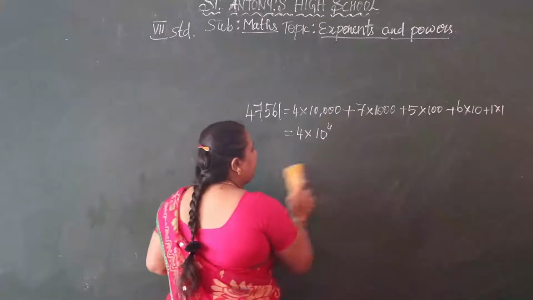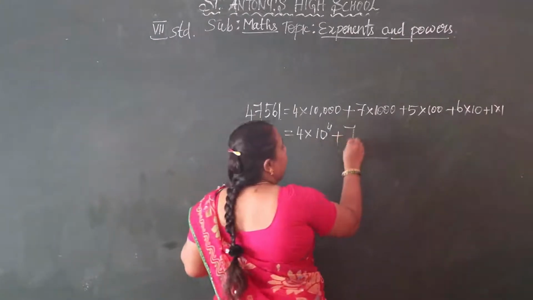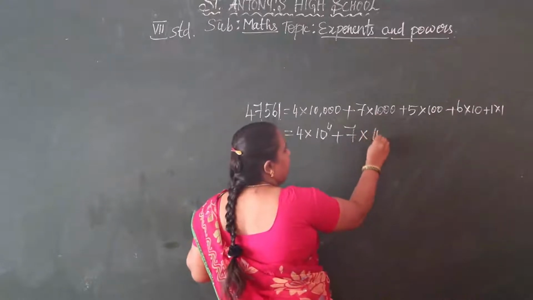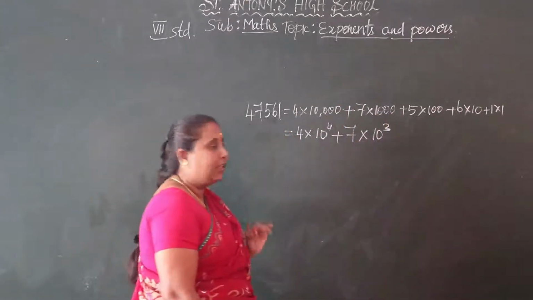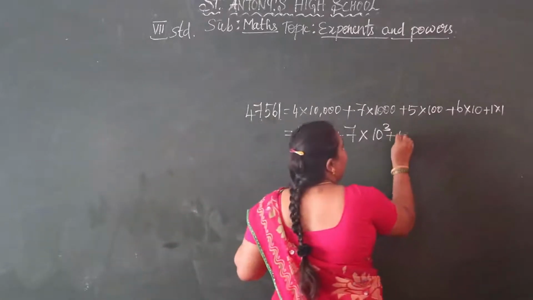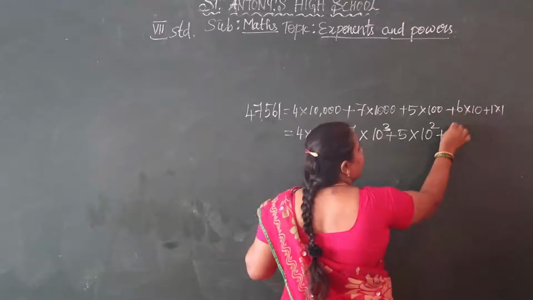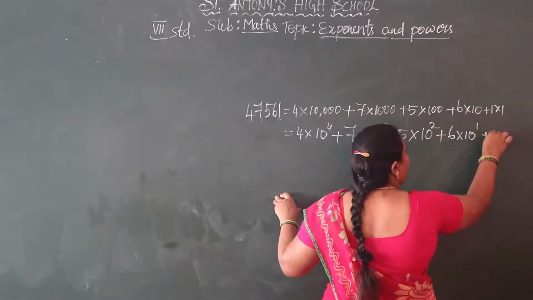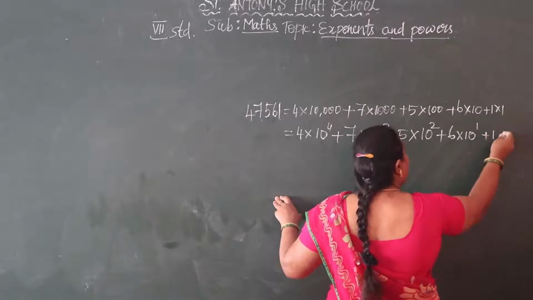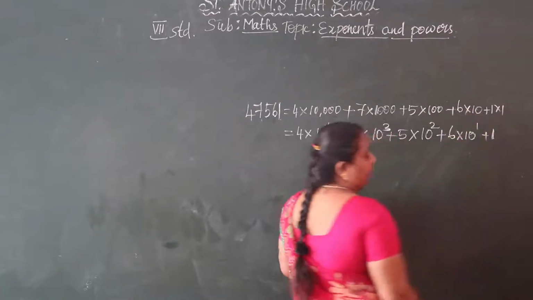So now we write 10 to the power of 4, plus 7 into 1000, which is 10 to the power of 3, plus 5 into 100, which is 10 to the power of 2, plus 6 into 10 to the power of 1, and plus 1 into 10 to the power of 0, that is 1 into 1, 1.